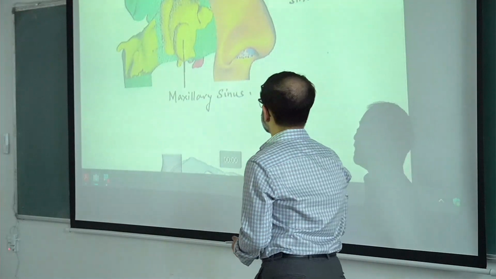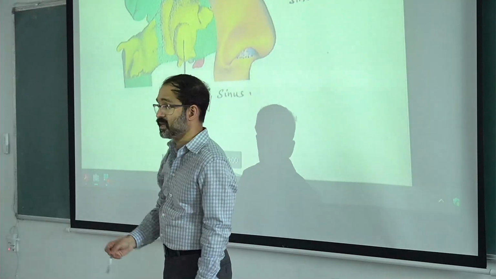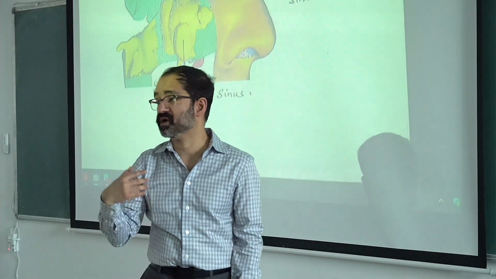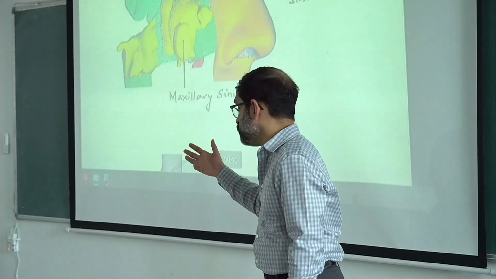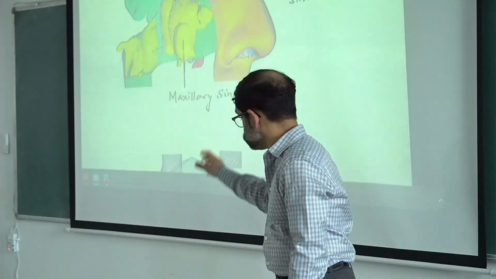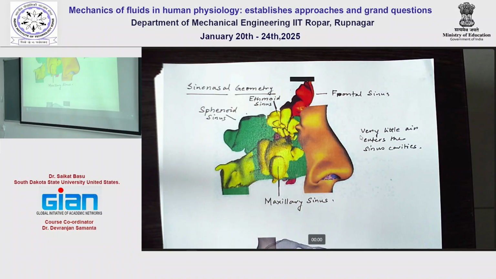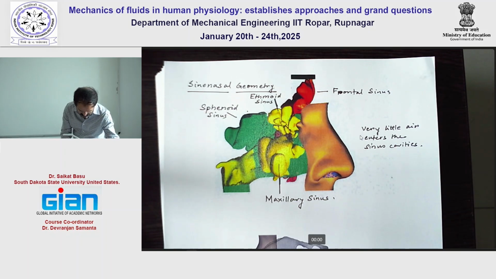So the surgeon would open up the entry into this maxillary sinus to make sure that more air goes in, because otherwise that patient is getting infection just from lack of aeration between the sinus cavities. That happens as well, and we can get that information through this kind of digital models. So very little air enters the sinus cavity.